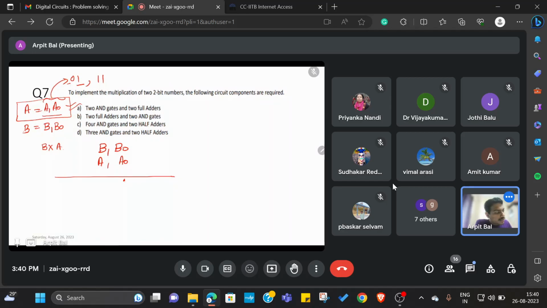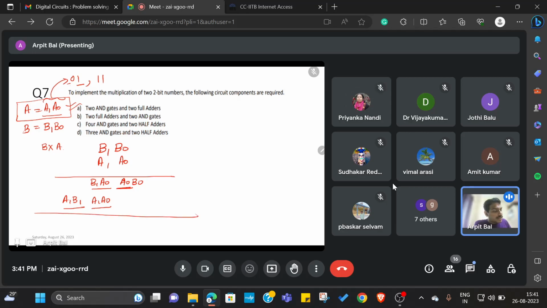It is a0 b0. Similarly, this one, b1 a0, correct. What should be this bit? This bit is a1 b0. And this bit, a1 b1.